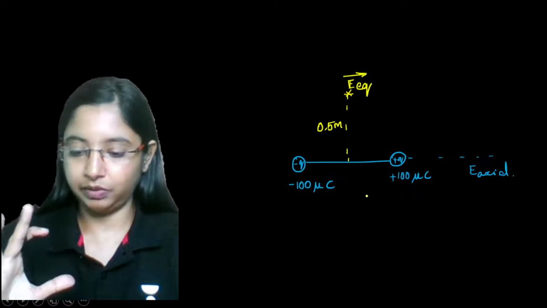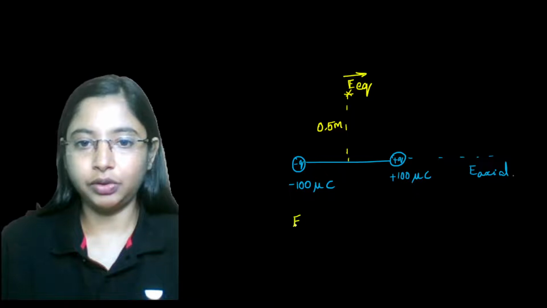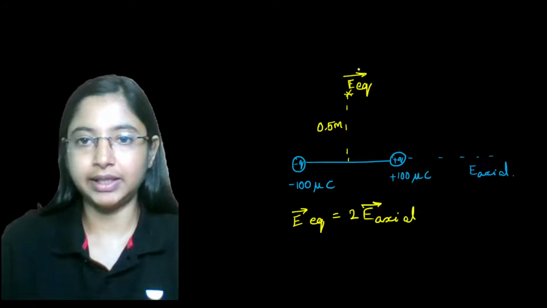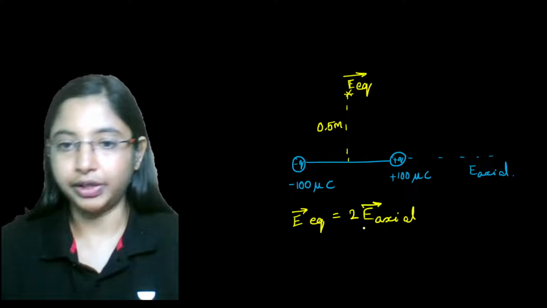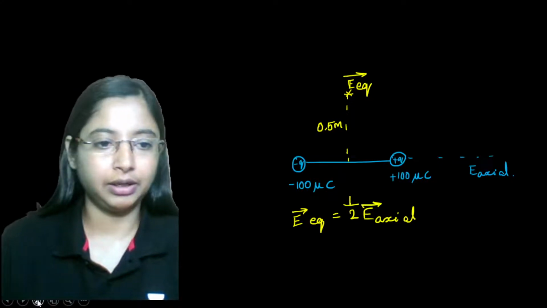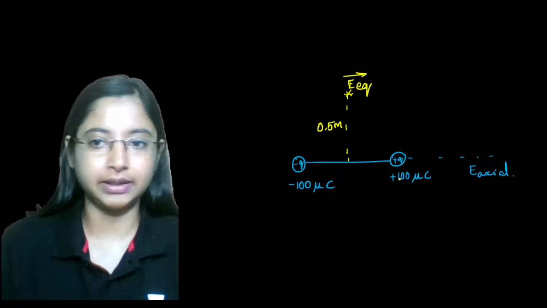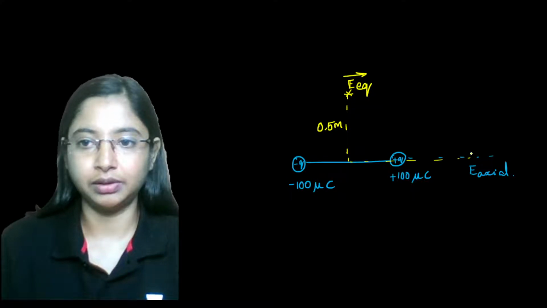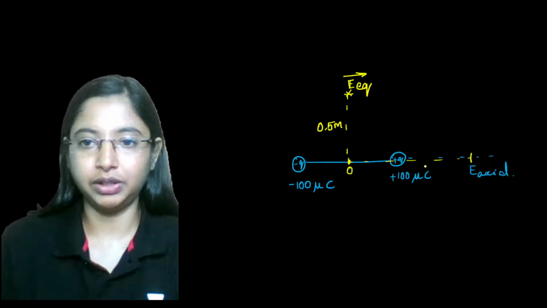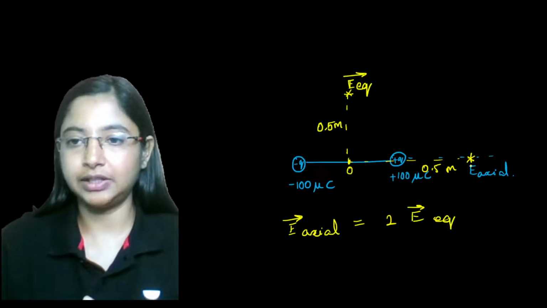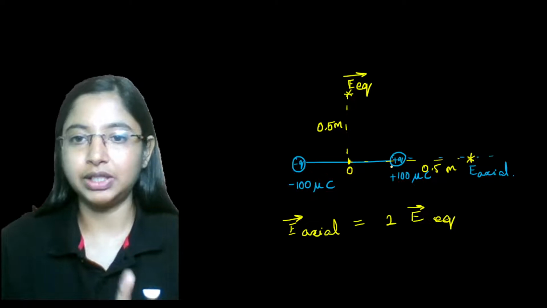For a broadside on position, we have seen this earlier, the electric field at the equatorial is always, sorry, not twice, it's always half, because as we saw earlier, your E axial is always twice the electric field strength at the equatorial, for the same distance r.